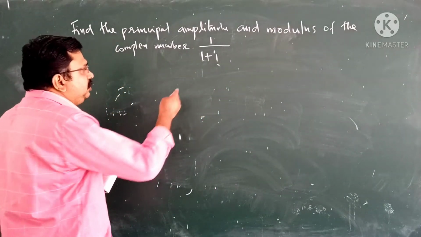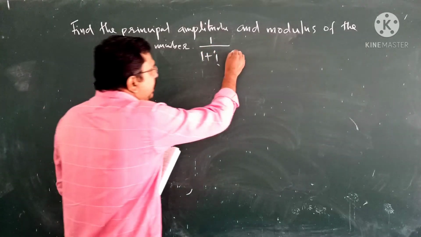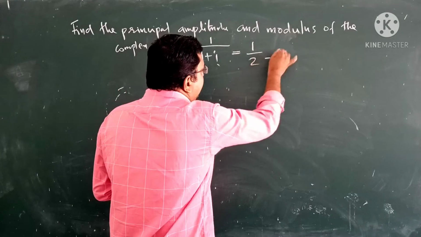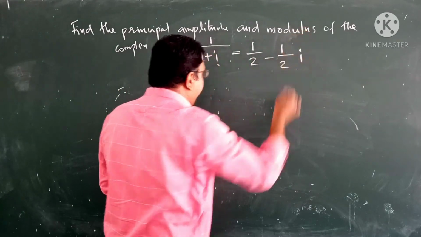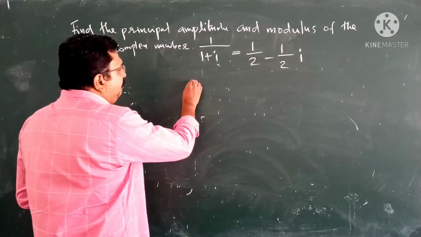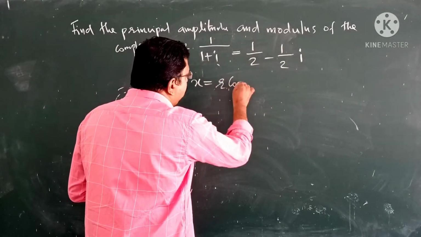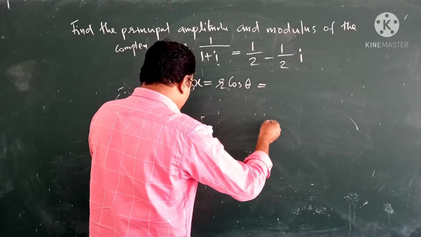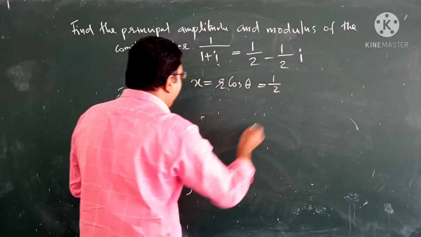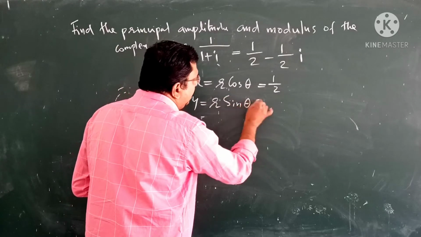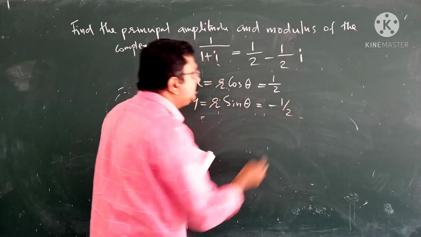You know that 1 by 1 plus I is equal to 1 by 2 minus 1 by 2i. Therefore, what is x? x equal to r cos theta equal to 1 by 2, and y equal to r sin theta is equal to minus 1 by 2.